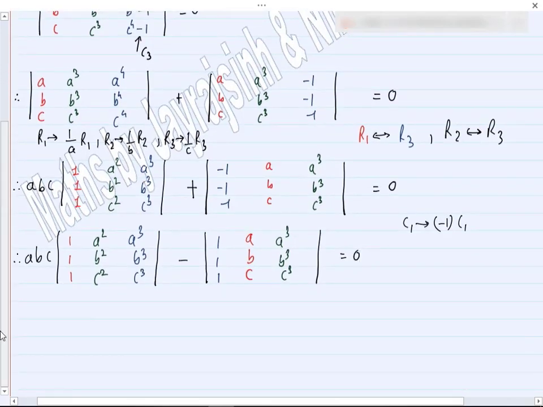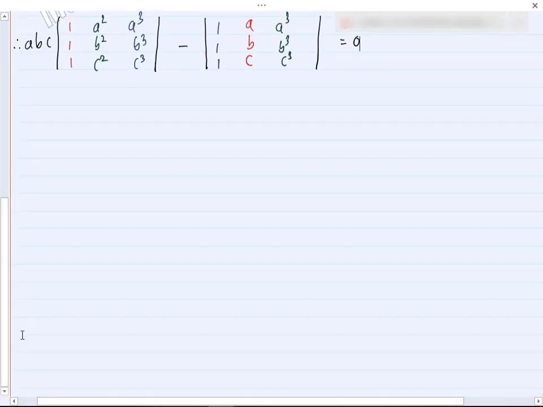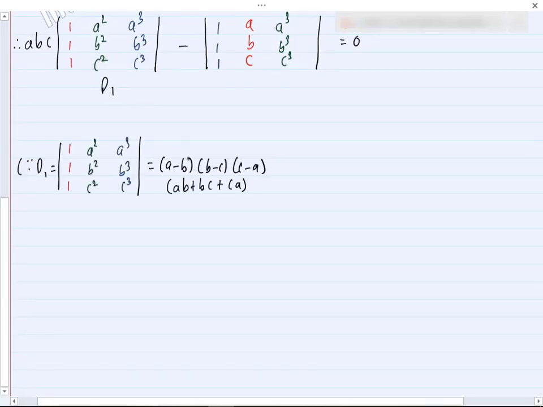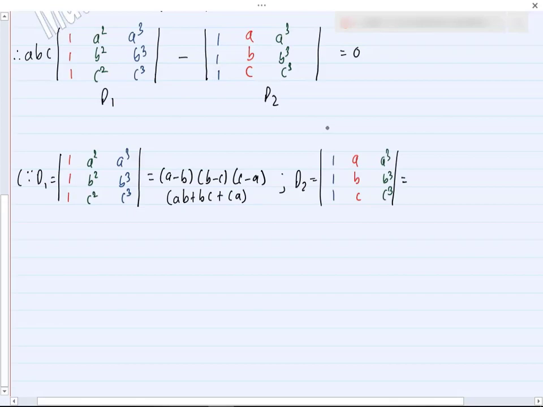Now here I am going to use the values of this standard determinant D1, which is equal to (A minus B)(B minus C)(C minus A) into (AB plus BC plus CA), and D2, which is equal to (A minus B)(B minus C)(C minus A) and (A plus B plus C).